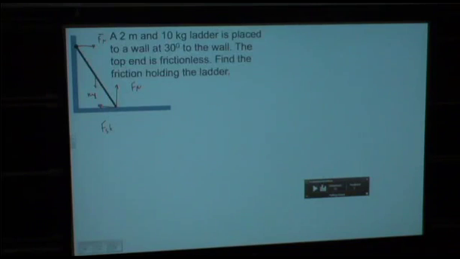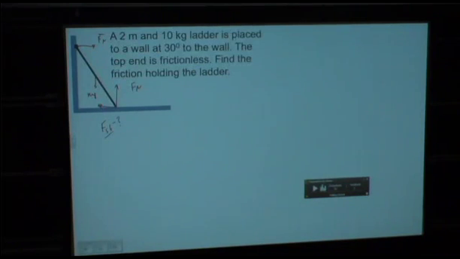That's what we call the normal force. And that's it, that's the free body diagram. That's the first step. Now we have to choose the axis. What we're looking for is this. That's what we want to calculate.